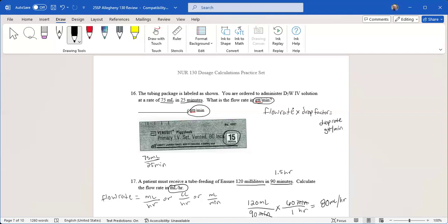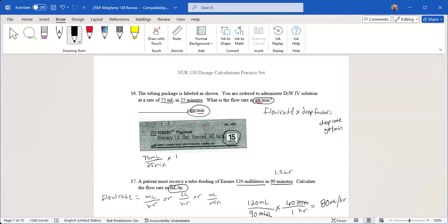Now, you may instinctively want to convert minutes to hours, based off of what I previously showed you. Don't do that. You want to leave it in minutes, because your final answer is in minutes. So don't change that.